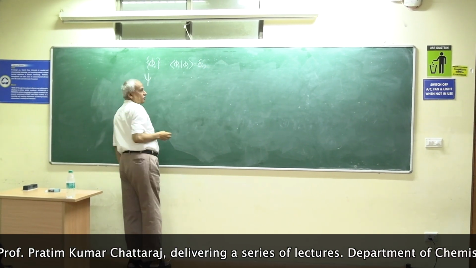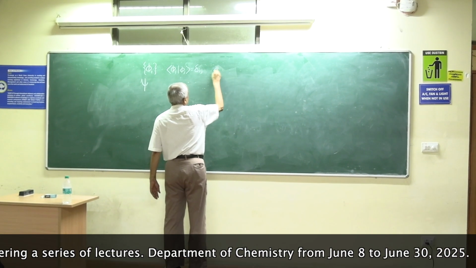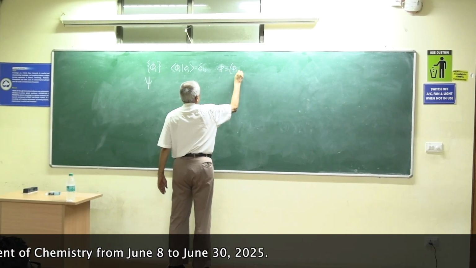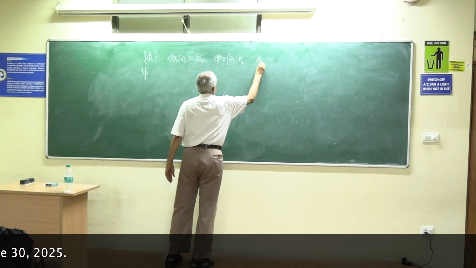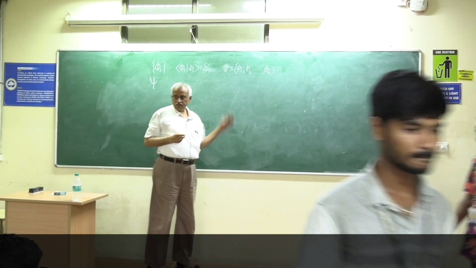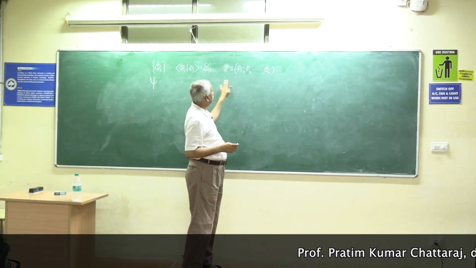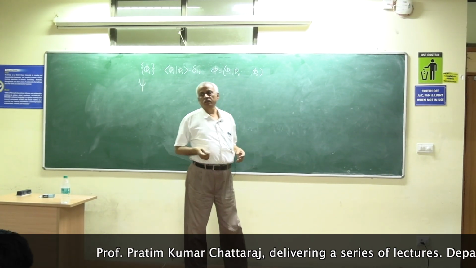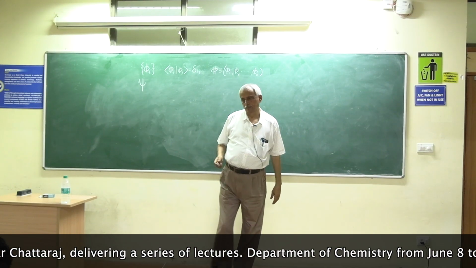If I write it in the form of a row matrix, phi 1, phi 2, up to phi n, this n can be any number, whatever we want. We can choose the dimensionality of our problem.